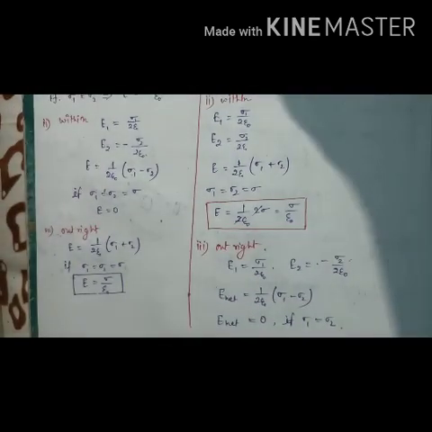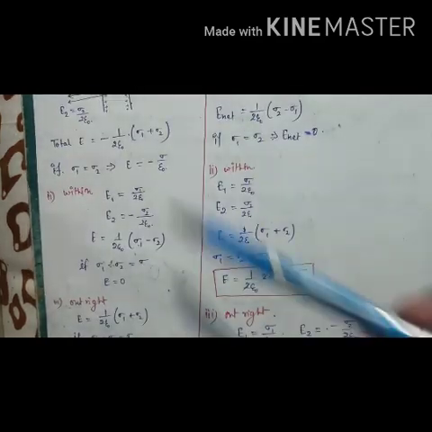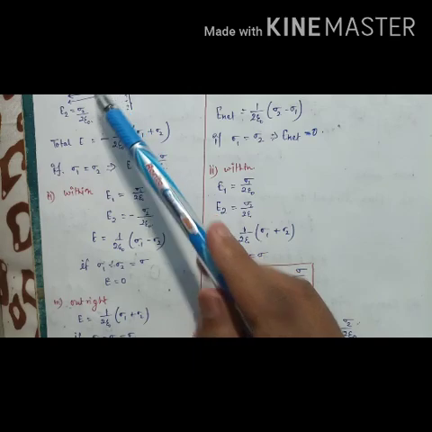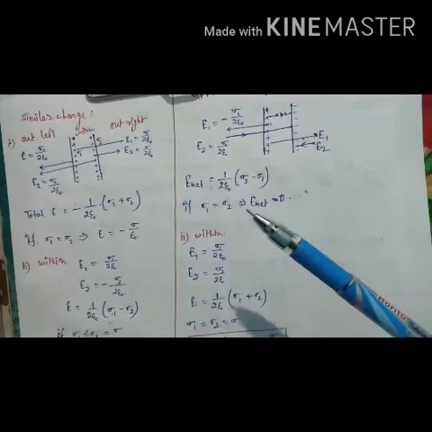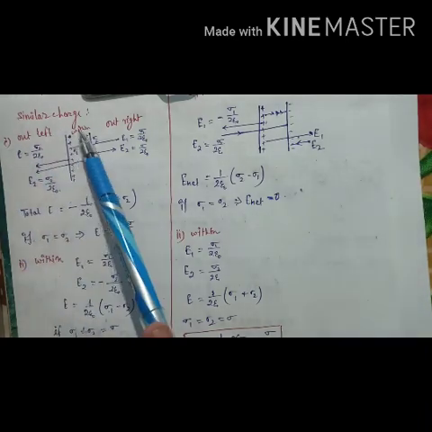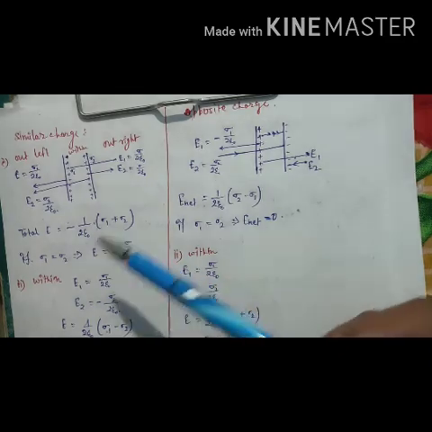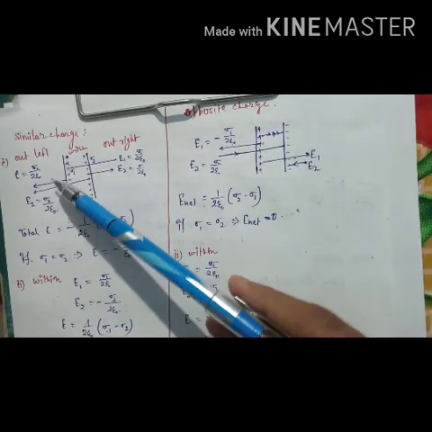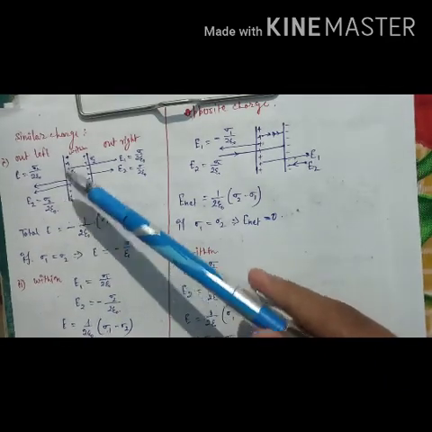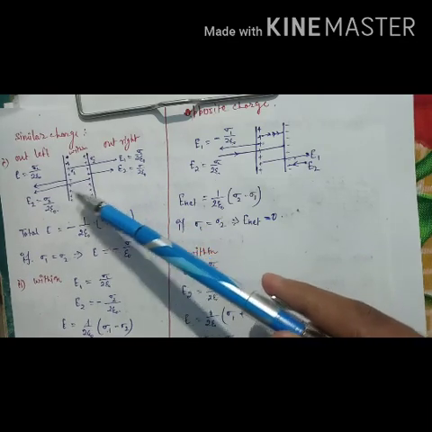And we have another special condition for the infinite large plane sheet. Whenever there are two cases, similar charges and opposite charges. We have a sheet here with positive charges and here also positive charges, because we find it for similar charges.